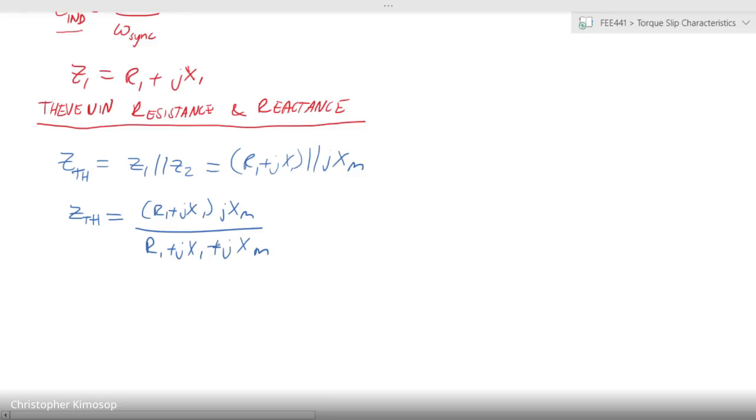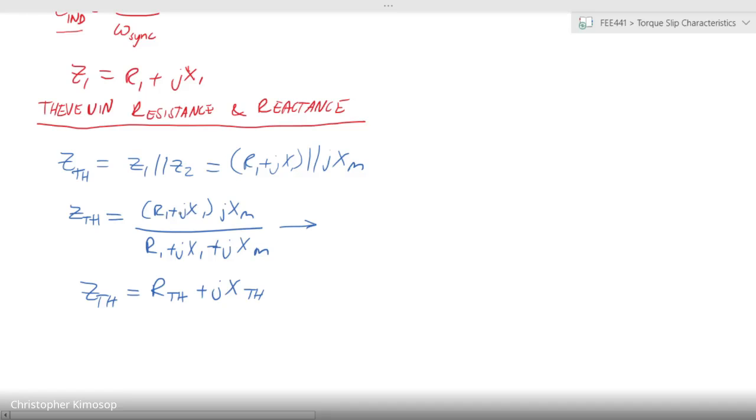And incidentally, as we will see later on, if we were looking at estimations of what we would be getting, we can represent it as Z Thevenin equal to R Thevenin plus jX Thevenin.